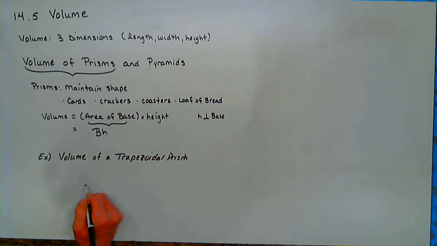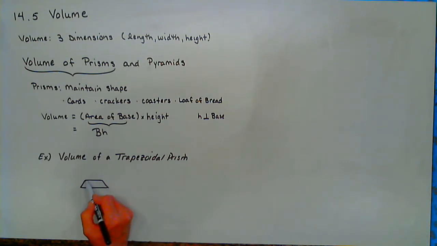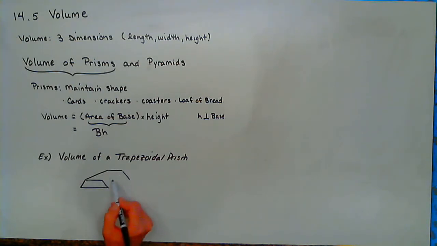A trapezoid, remember, is a quadrilateral. It's got 4 sides. 2 sides are parallel but not congruent, and we will head this off in this direction. Bring that down, bring that down, bring that back across.